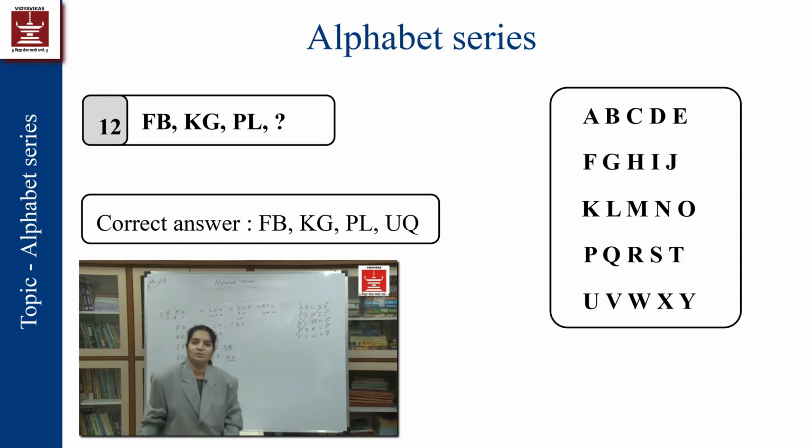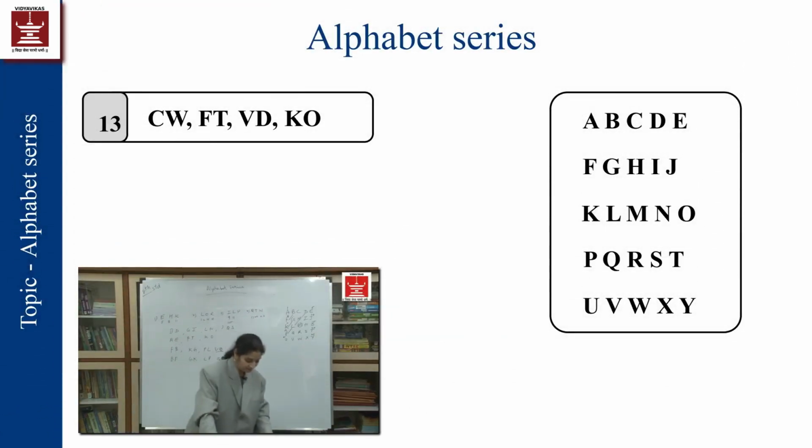So the logic has to be understood. The features which are common to the given group should be identified, and all this has to be done in 1 minute. So that is very crucial. Finding them out is not difficult, but getting them in 1 minute is difficult. We'll see one more example.